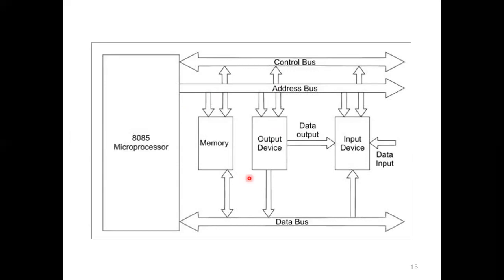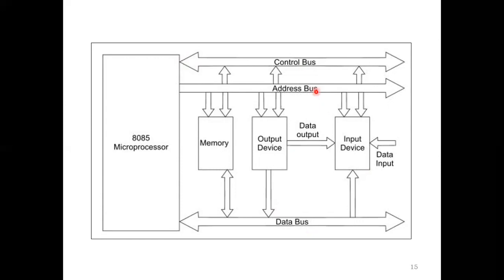So this is the control bus. The control bus also has lines like the other buses, but all its lines are used for different kinds of controlling operations. This is the data bus, then the address bus.